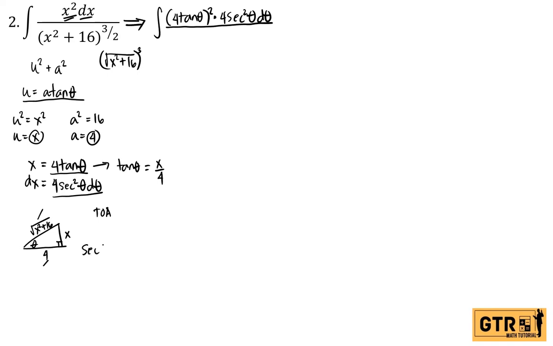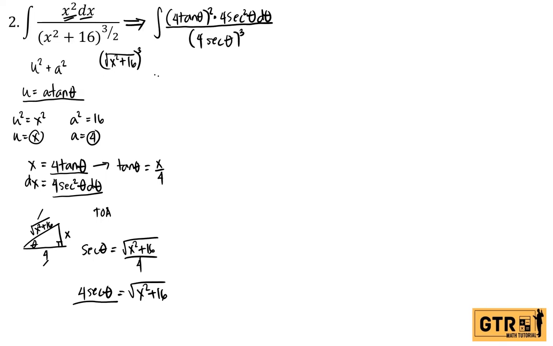Secant theta is equal to the square root of x squared plus 16 over 4. Multiply both sides by 4: 4 secant theta is equal to the square root of x squared plus 16. We will substitute this into the expression and cube it, so we have (4 secant theta) cubed.